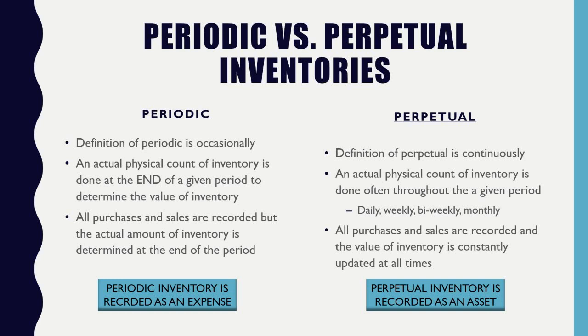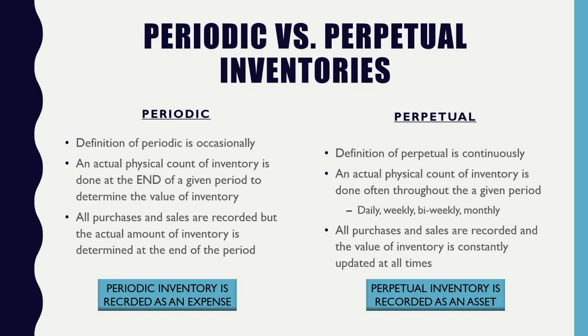Periodic inventory is where, as the definition of periodic literally means, you update or keep track of it occasionally. You do it every once in a while. It's not constant. You check on it every once in a while, okay?